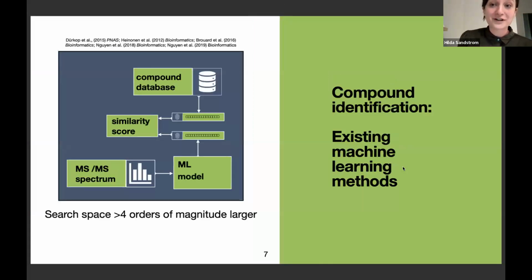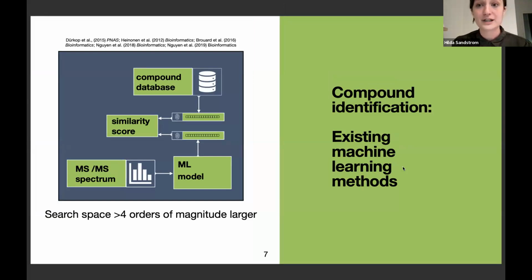So luckily for us, this challenge of identifying compounds with mass spectrometry is not unique to atmospheric chemistry. In fact, fields like metabolomics have been working on this challenge for 10 to 15 years and have made great strides.